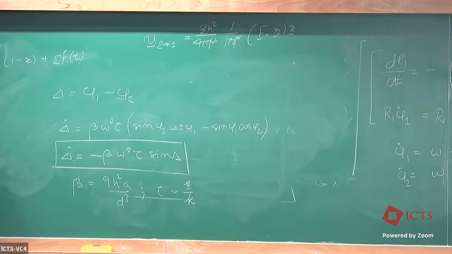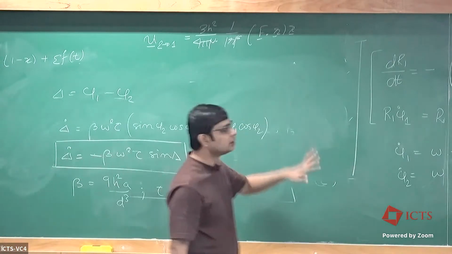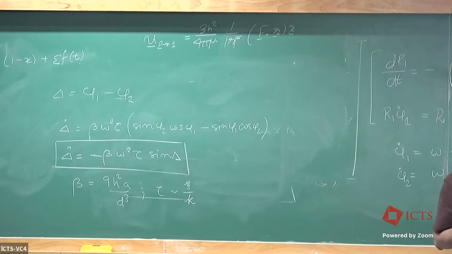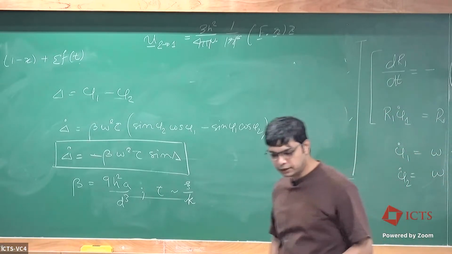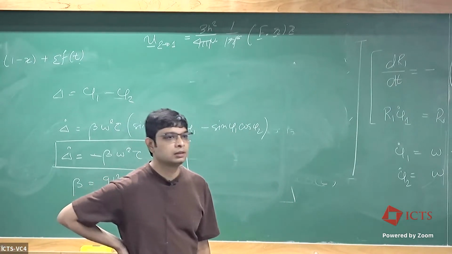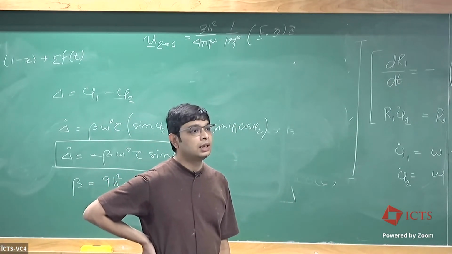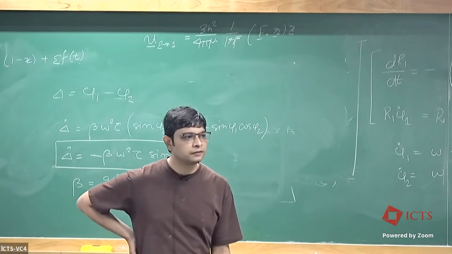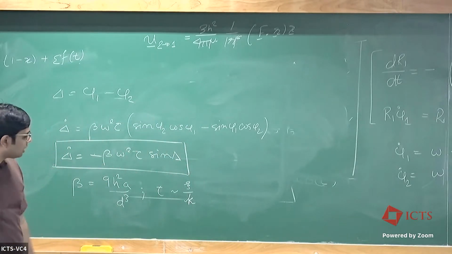So now let's ask the following question. We did all these things, but now I take the limit of my spring constant k going to infinity. What does that mean if my spring constant goes to infinity? It's a rigid rod, right? So if it goes to infinity, there is no deformation. What happens if k goes to infinity?